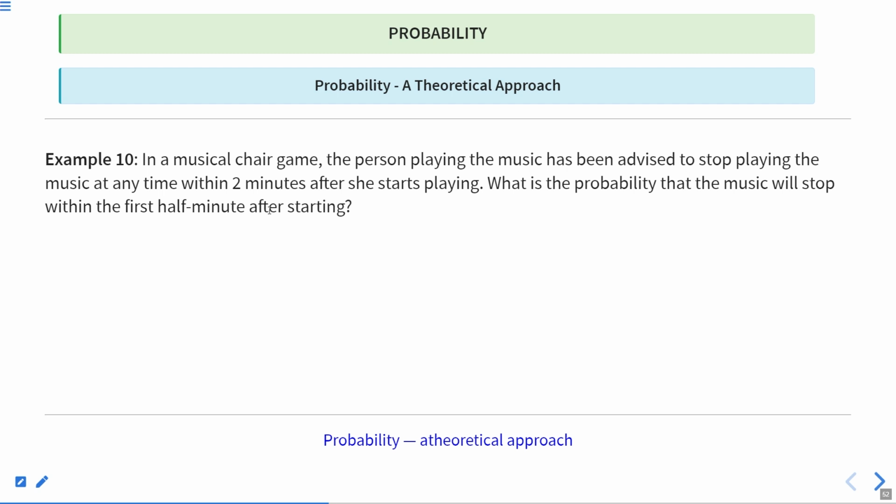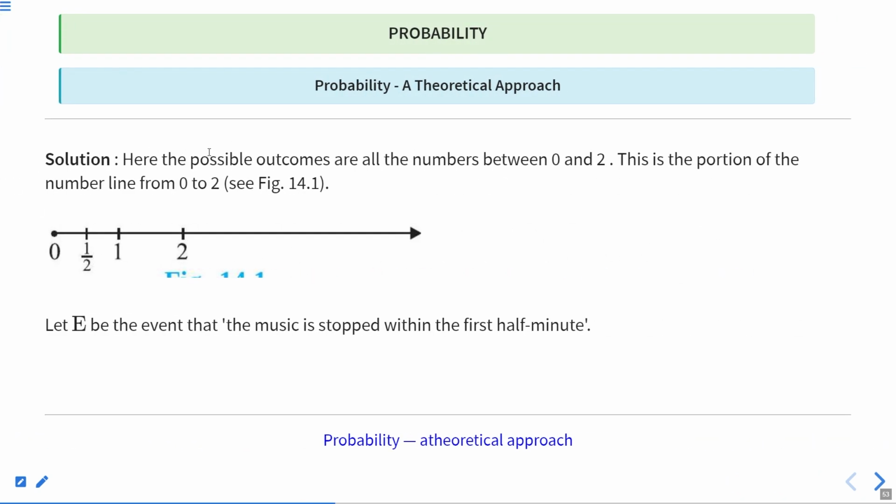What is the probability that the music will stop within the first half minute after starting? Let us find. Here the possible outcomes are all numbers between 0 and 2, and this is the portion of the number line from 0 to 2. Let E be the event that the music is stopped within the first half minute.